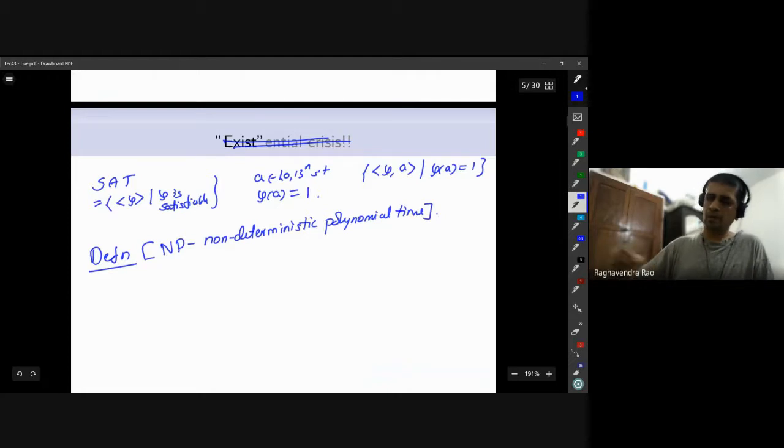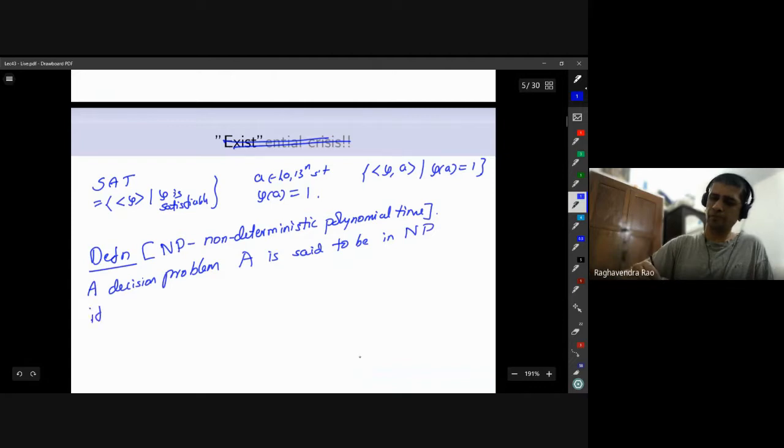Okay, so a decision problem A is said to be in NP if it has the small witness property.